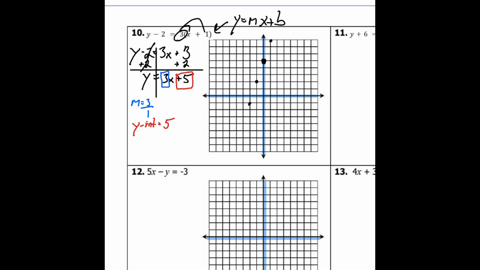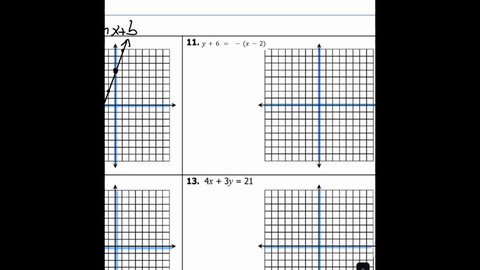And once I think I have enough points to draw my line, I'm going to draw my line off the graph on the top, off the graph on the bottom, draw arrows on either end, and that's it. My line is going uphill from left to right. I have a positive slope, so that's correct.